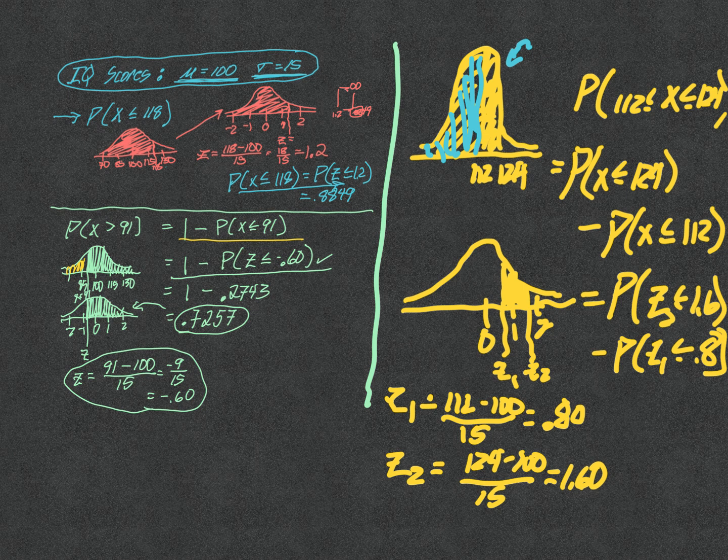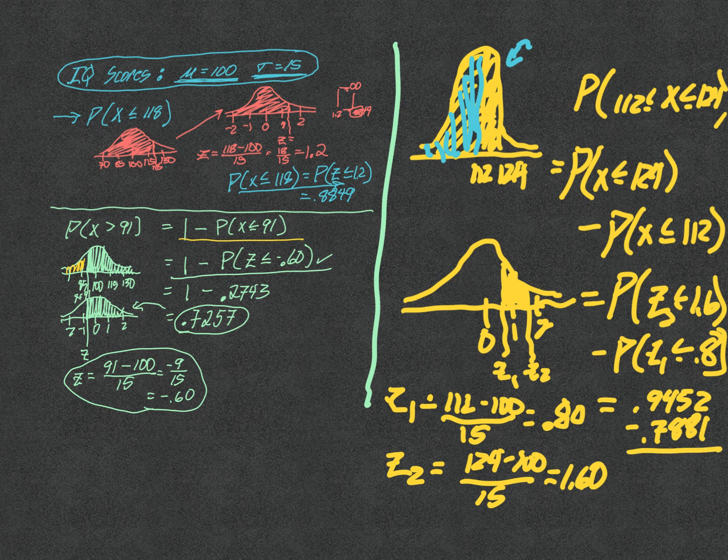I just labeled them z1 and z2 because I had to find both. So now I just use my table to look those up. And 1.6 is 0.9452. And I'm going to subtract from that 0.8. And 0.8 is 0.7881.